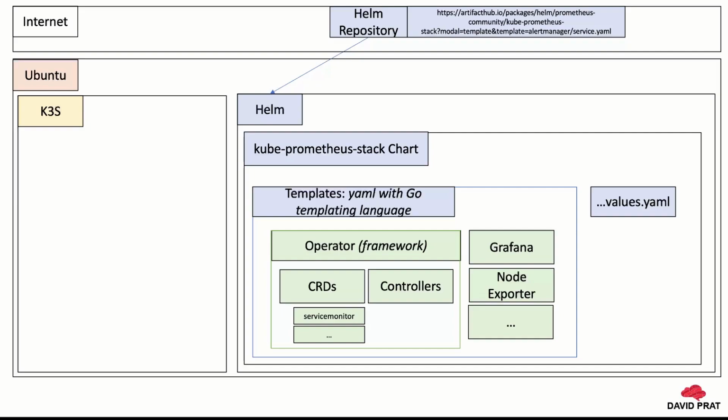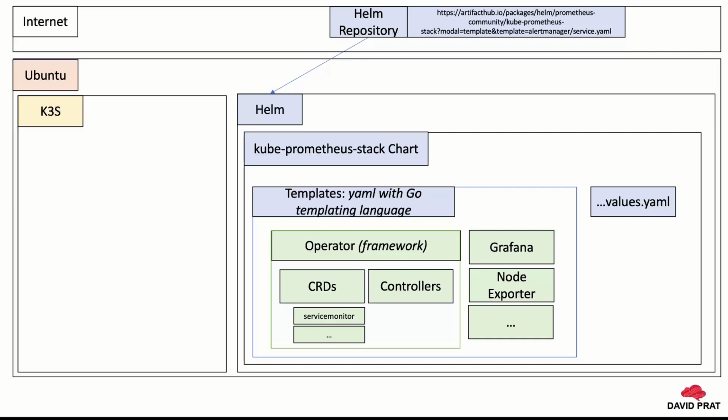So the operator is the one that is defining the Prometheus installation itself. And in this case, we are also using Grafana to have the dashboards and a node exporter that will be the component that will make available the metrics from our server.